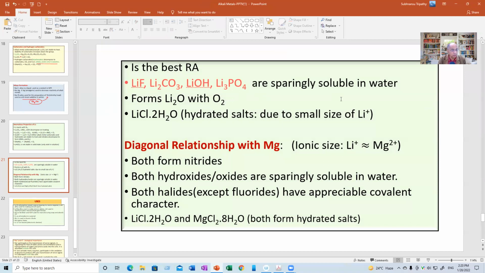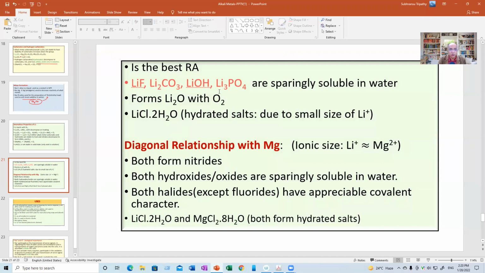Although they are ionic compounds, the solubility factor delta G becomes positive. I told you the reason why the entropy factor is also not capable of making delta G negative, because of the high lattice enthalpy to break down. The hydration enthalpy is not sufficient.